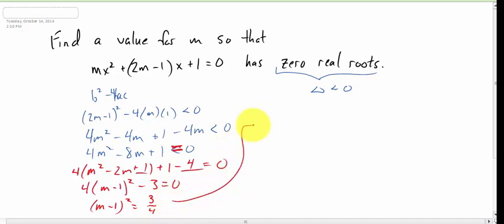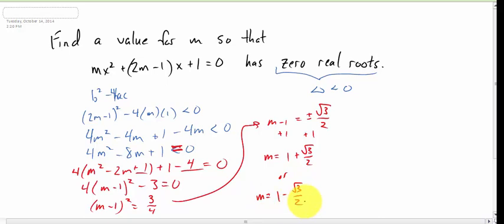And then we have m minus 1 equals plus or minus square root of 3 over 2. We add 1 to both sides, and we get that m is equal to 1 plus the square root of 3 over 2, or m equals 1 minus the square root of 3 over 2.